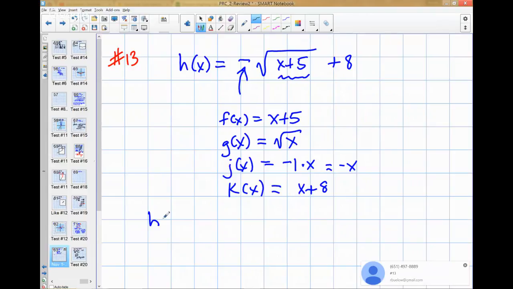I'm going to try to write with my mouse. So h of x equals, so we want to do k of j of g of f of x.